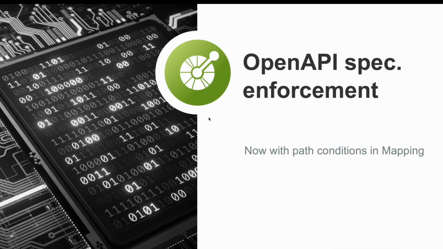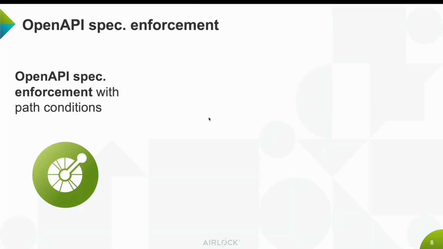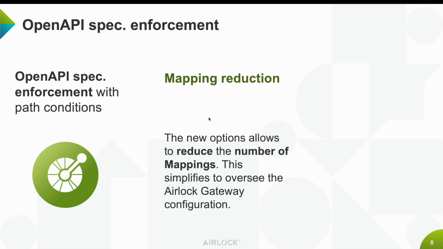The feature to enforce OpenAPI specification files has been extended in Gateway 8.4. The OpenAPI specification feature supports now path conditions for a specific specification file. This way, an OpenAPI specification file can be configured with a path condition within a mapping.